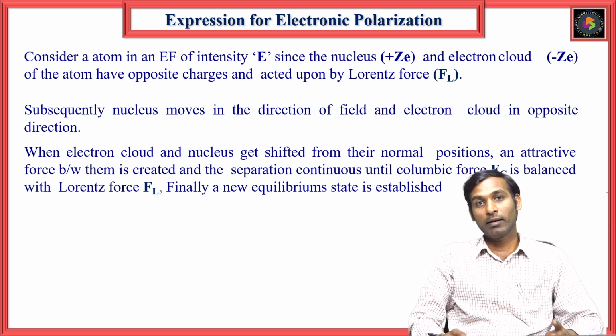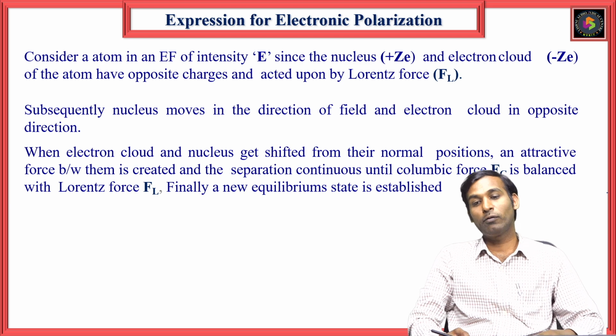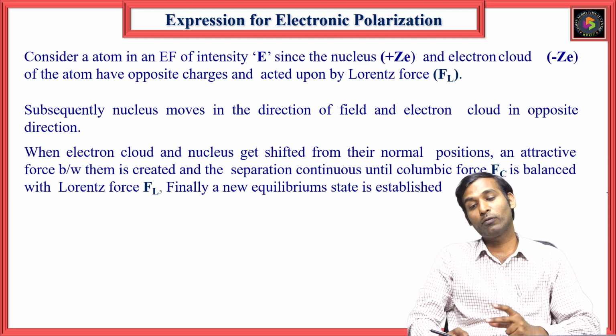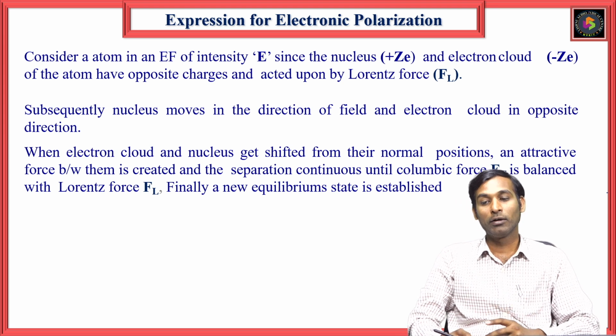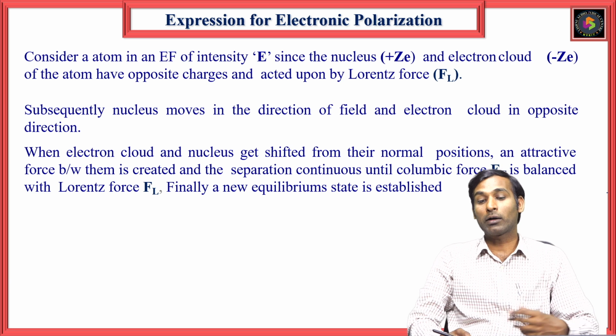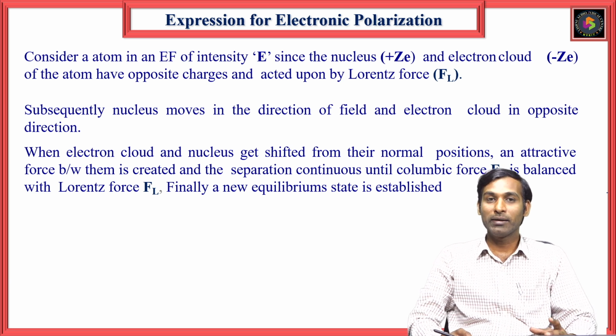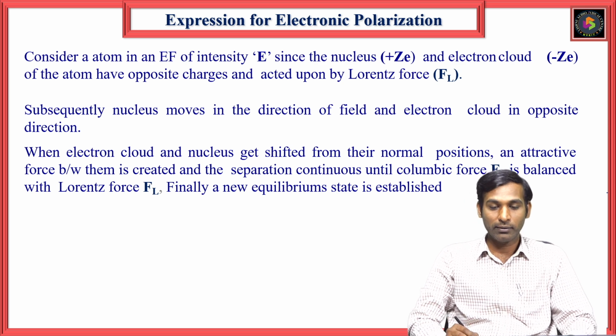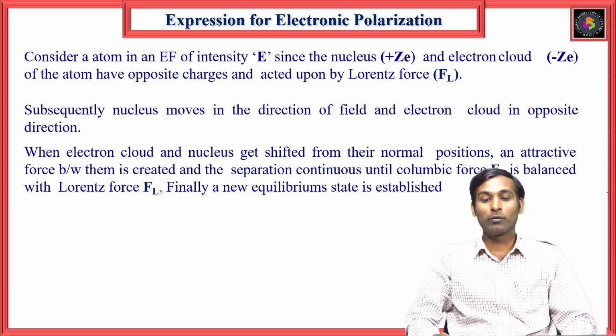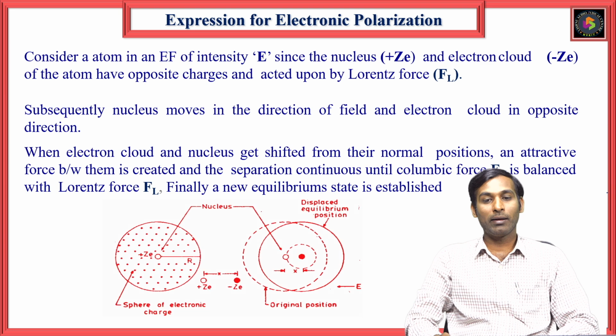Here two forces are acting. One force is the Lorentz force, and the other is due to the attraction between the electron cloud and nucleus, the Coulomb force. According to the thermal equilibrium condition, the two forces are equal. One is the Lorentz force, the other is the Coulomb force. Now we can look at the mathematical expression.